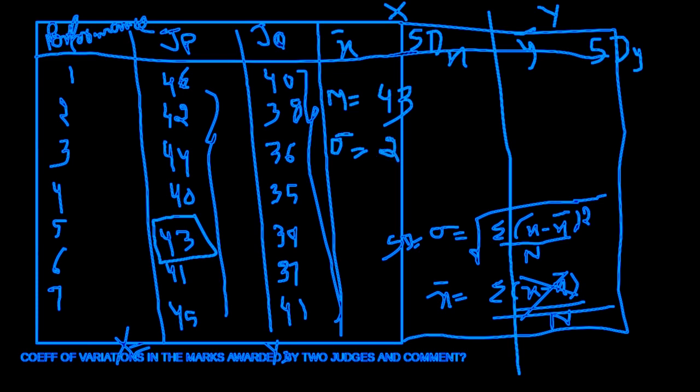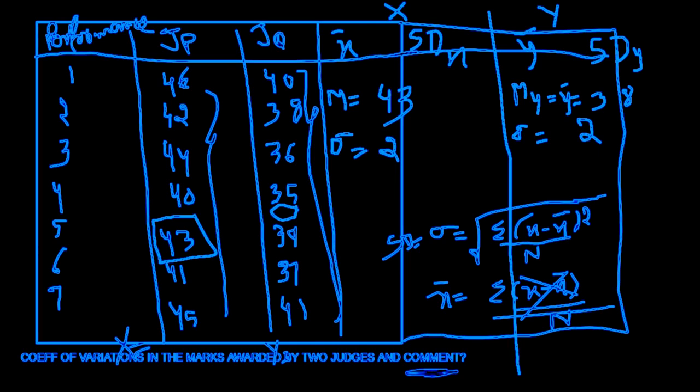Similarly, mean for Y, that is Y bar, is coming out to be 38, and your standard deviation for this is 2 again. Now you see the difference, because you have to comment, and for this you need understanding of how you are going to interpret this result.